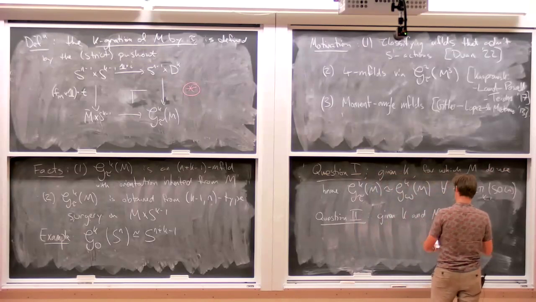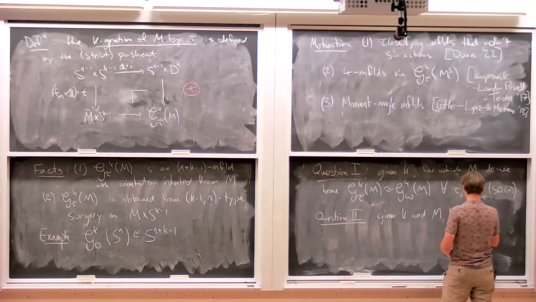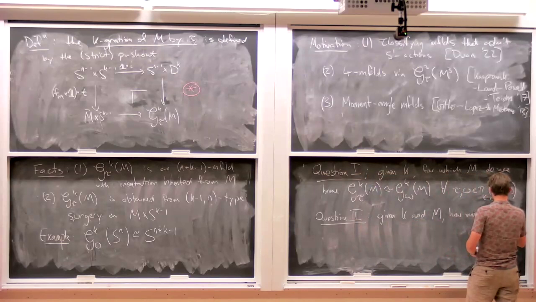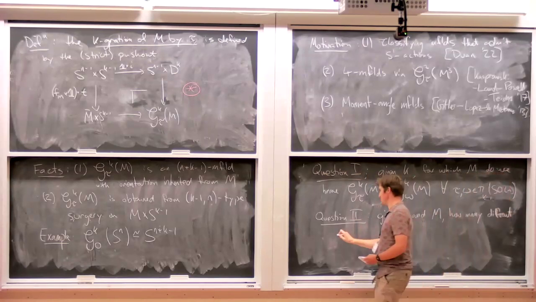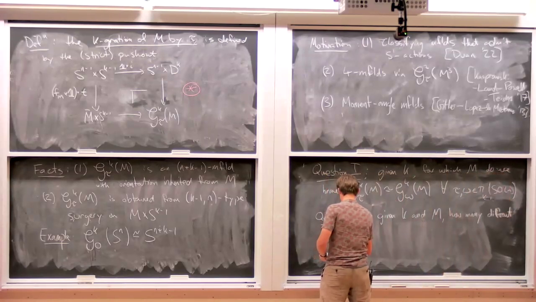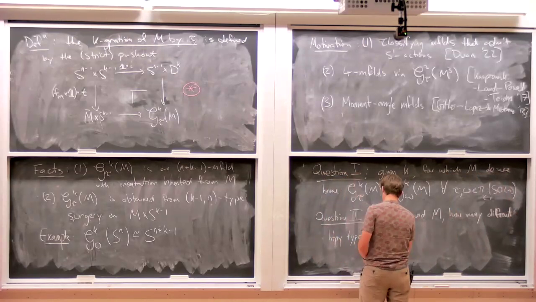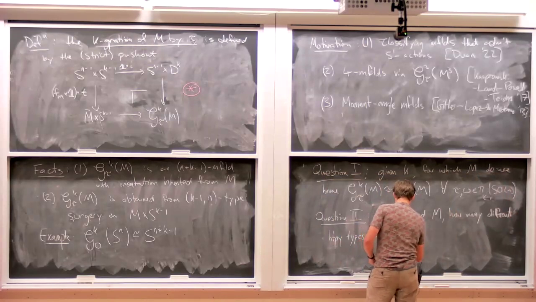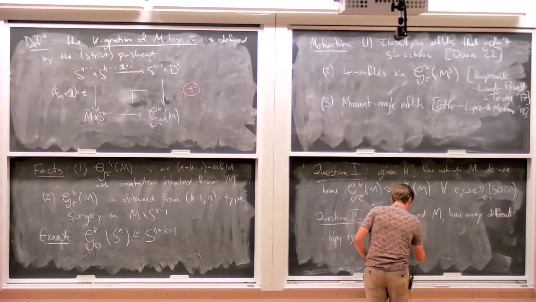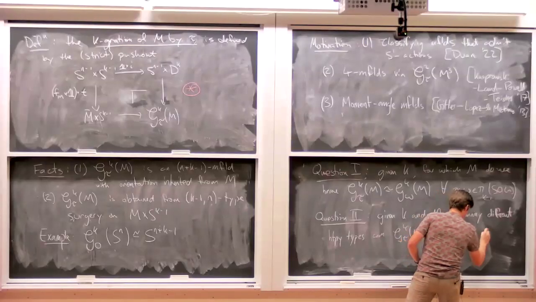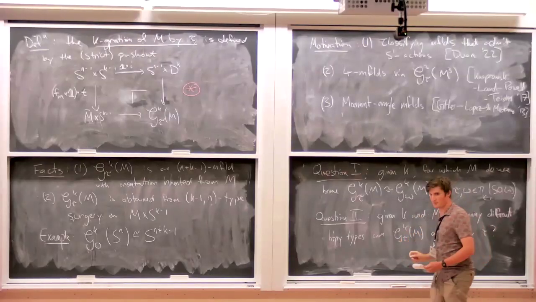Given your index k and some manifold, how many different homotopy types can your gyration take as we vary the twisting?